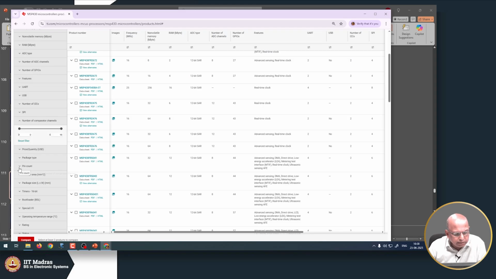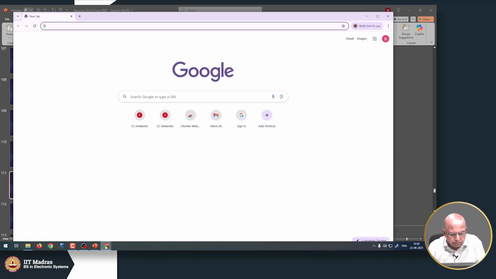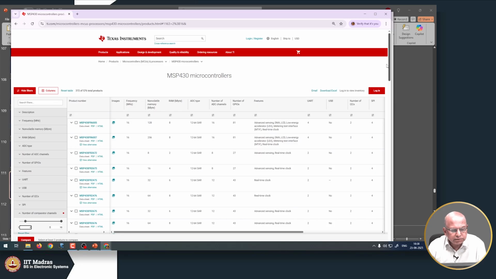Okay, these are analog comparators. So, we can look at how many analog comparators we want. We can say that we need at least maybe 2 analog comparators. Okay. So, when we specify, then it gives you fewer parts. See, remember that there are 576 parts, but if I give those filters, it will say I have 372 of them. Okay.